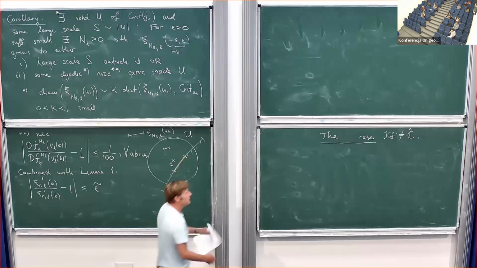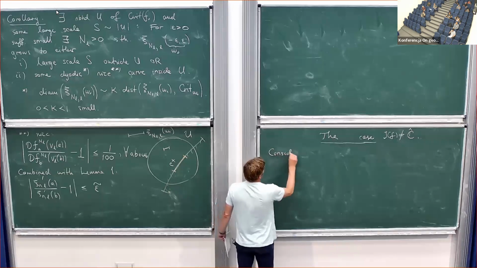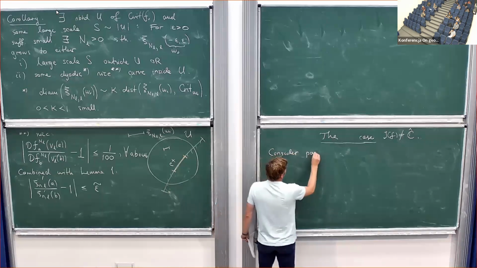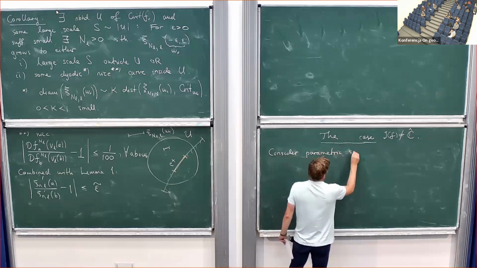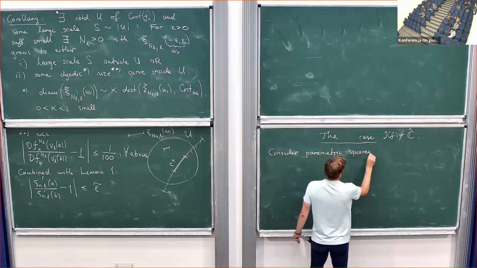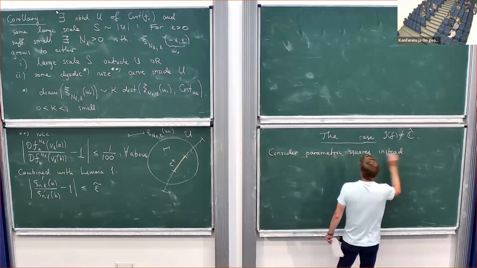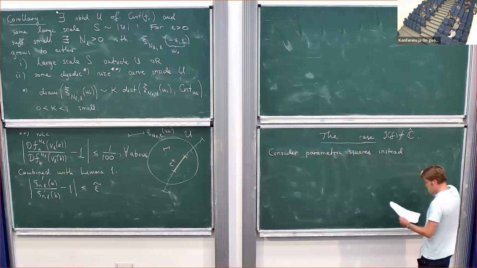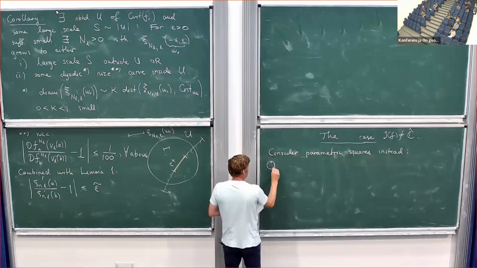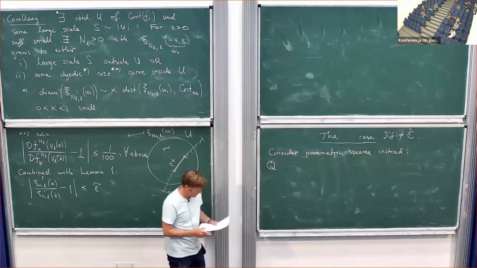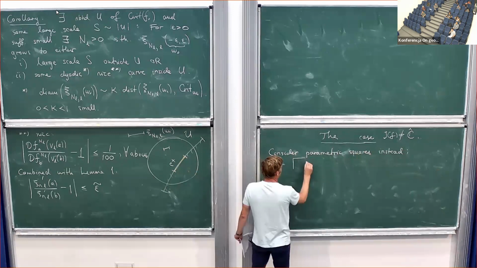You consider parametric squares, instead, the complex squares. So I'm going to look at Q. I call it squares Q, the starting square. This is a small square around the starting map.